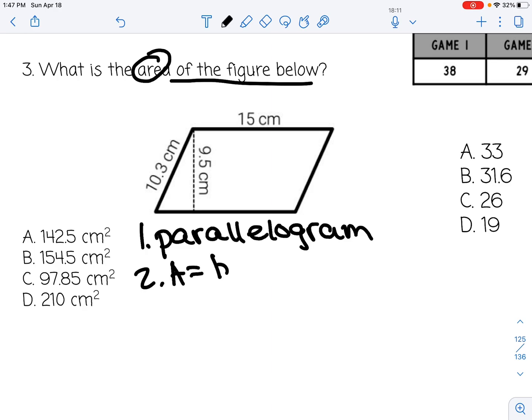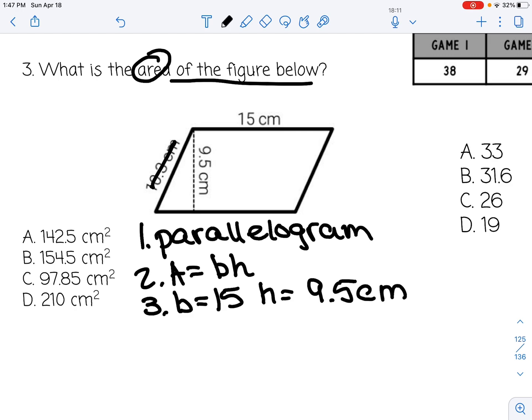Area equals base times height. Step 3, label dimensions and write down dimensions with variables. So our dimensions are base equals 15 centimeters, and our height is 9 5/10 centimeters.